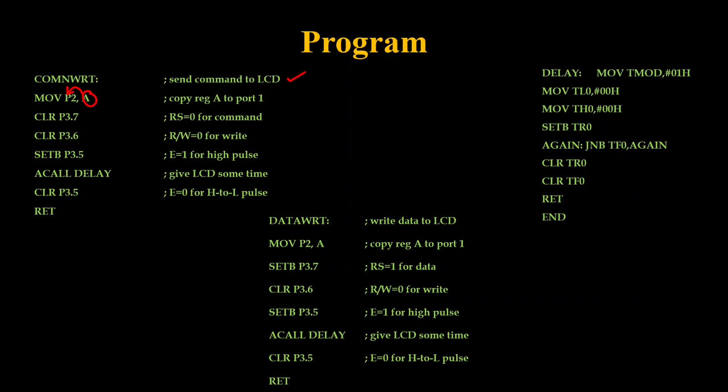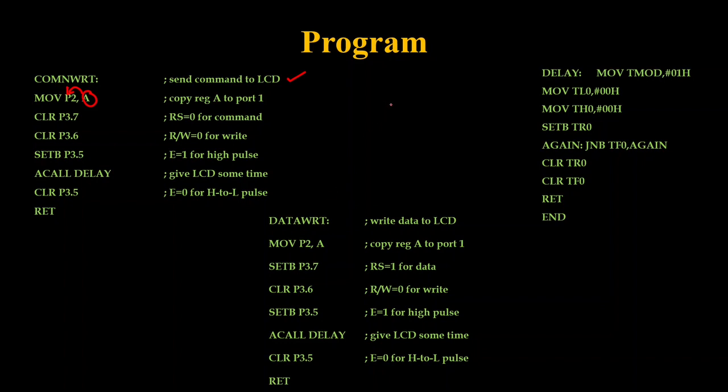So pushing the value of the accumulator to port 2 means the values I give from my 8051 will reach your LCD screen with the help of the data pins D0 to D7, since my port 2 is attached to the data pins.